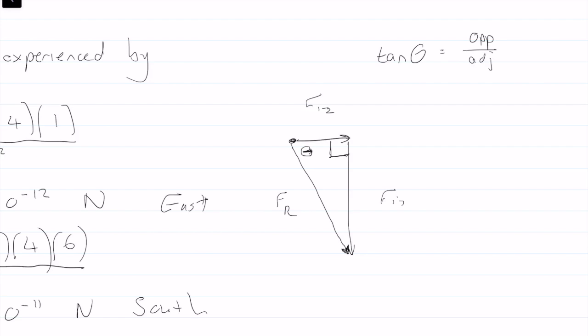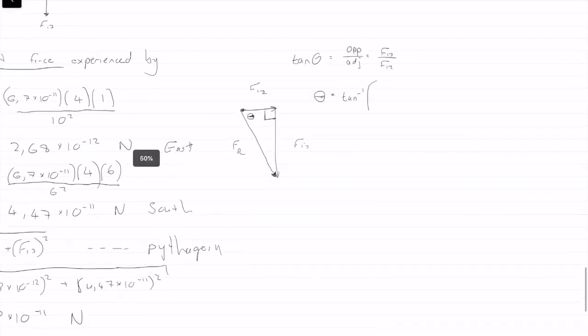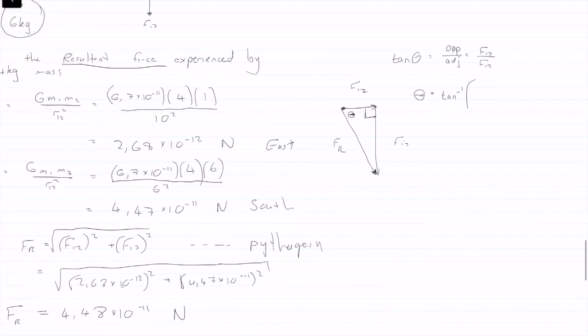My opposite is F13, my adjacent is F12, so theta is going to be equal to the inverse of tan of F13 over F12, which is 4.47 times 10 to the minus 11 all over 2.68 times 10 to the minus 12. Let's plug that into my calculator.